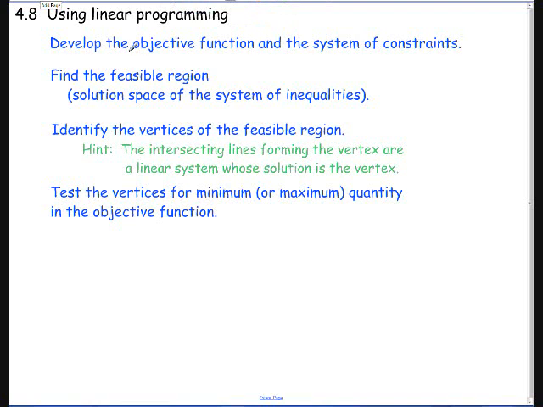Using linear programming, here are your rules, what you do. Develop your objective function. When you read your problem, what is it we're trying to do? Are we trying to maximize income? Are we trying to minimize time?